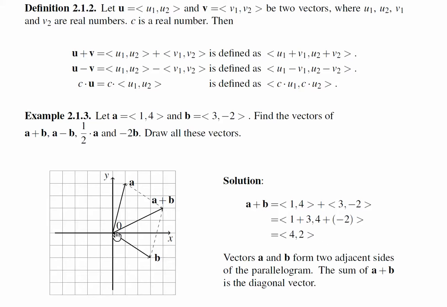Another way is that if you look at this triangle, then the sum's starting point is the starting point of the first vector, and the ending point will be the ending point of the second vector B. So that's for the addition.